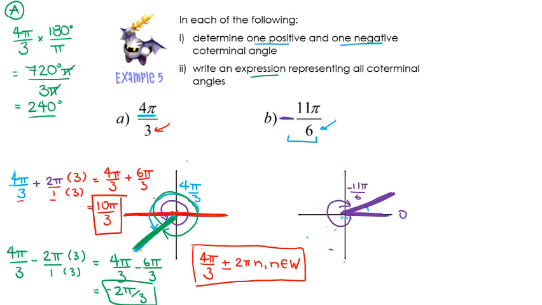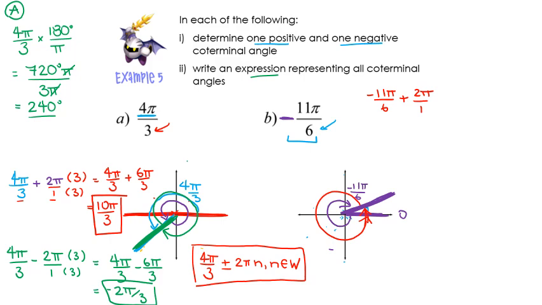Now, what I want to do is draw a coterminal angle. So from where I ended, if I want a positive coterminal angle, I'll just add 2 pi to get to the exact same terminal arm. So I would start with negative 11 pi over 6, and then I would add 2 pi. And again, treat that as 2 pi over 1 so that you can add these two fractions together.